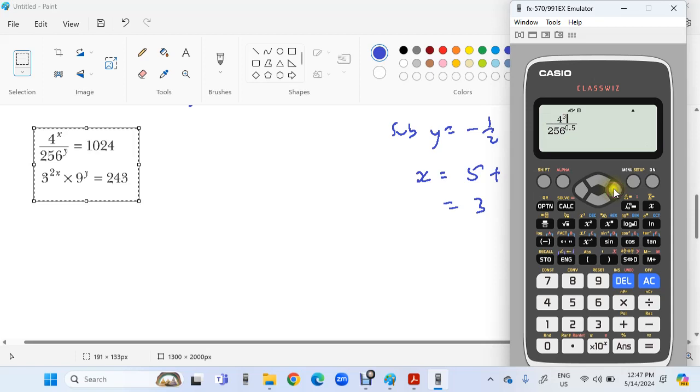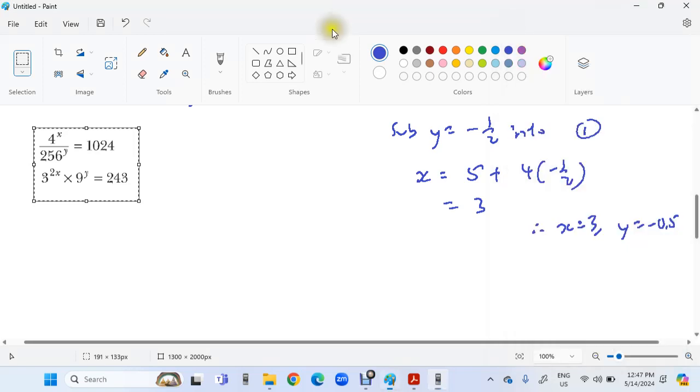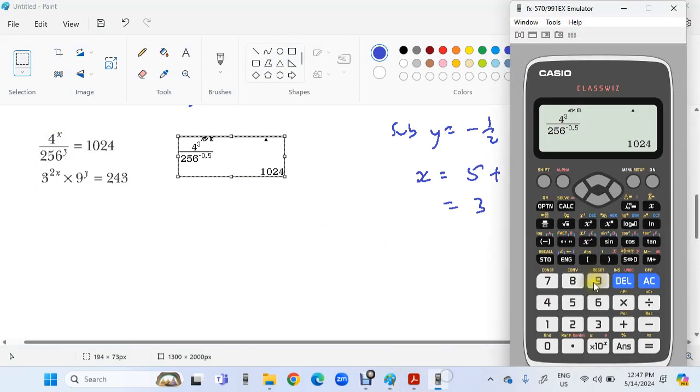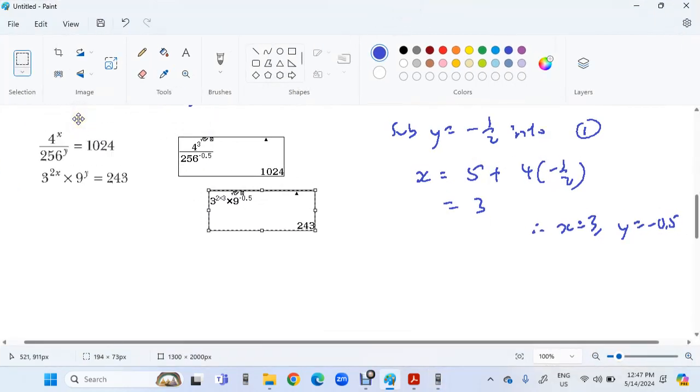This is negative 0.5. Then we have the 1024. And then we have 3 to the power of 2 times 3 multiplied with 9 to the power of negative 0.5. Then we have the 243. So the answer is correct.